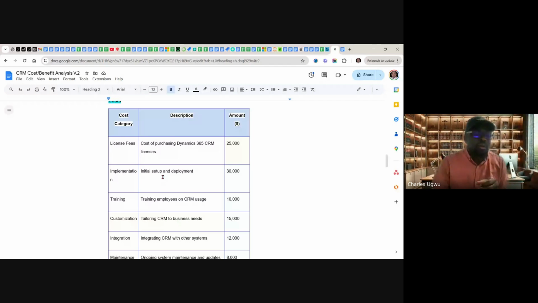Then we have implementation. Implementation is initial setup and deployment, 30,000. Then we have training employees on CRM usage. We'll have 10,000. Then we'll have customization, tailoring the CRM to business needs.